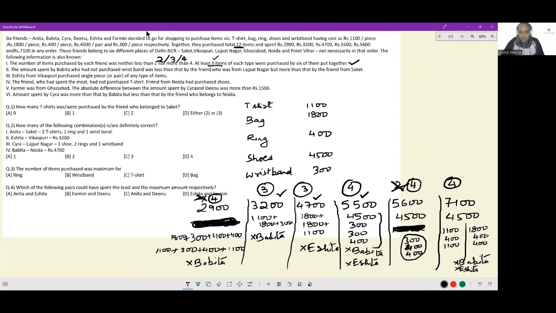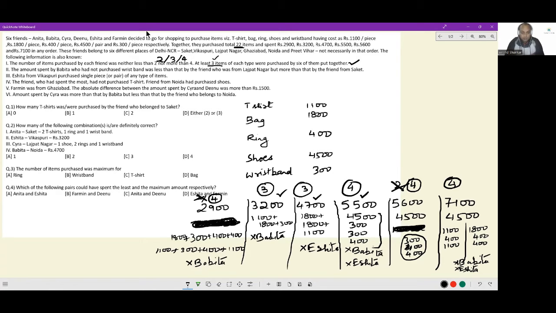So 3 bags are there. Rings. No rings here, no rings here, 1 ring here, 2 rings here. So 3 rings are taken care of. Shoes, 3 shoes are already taken care of. Wristband, 1 wristband here, 2 wristbands here. Okay, this is fine.